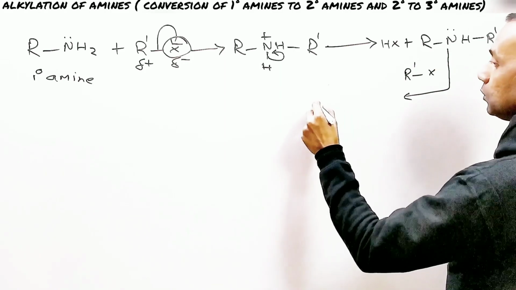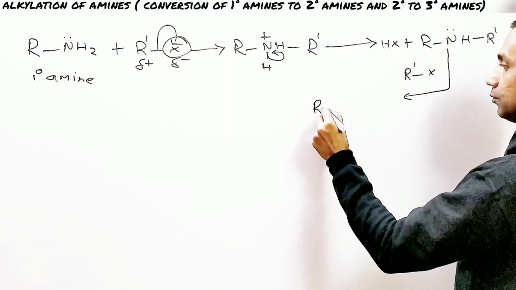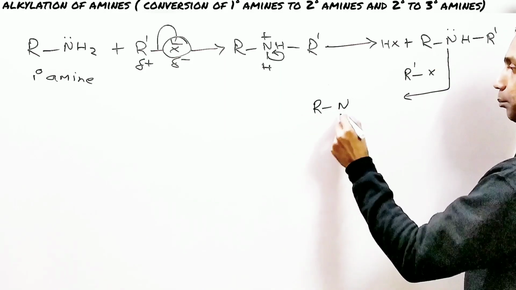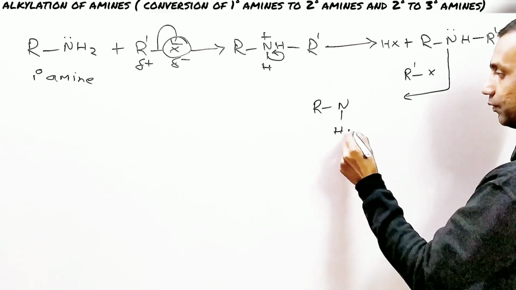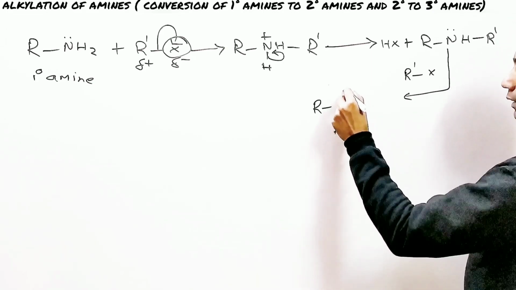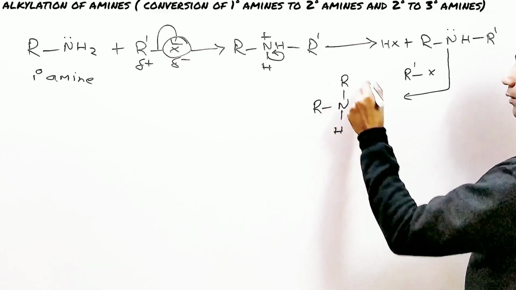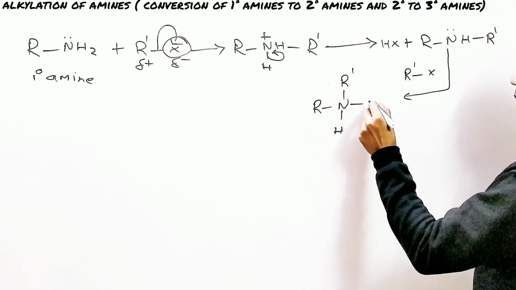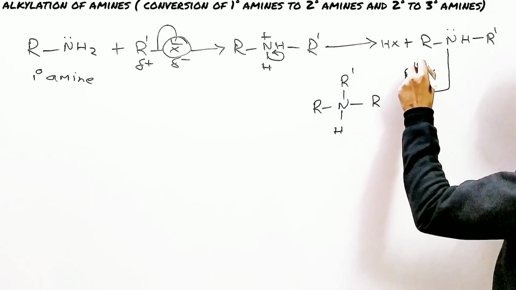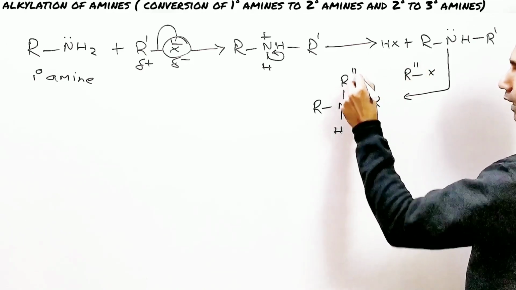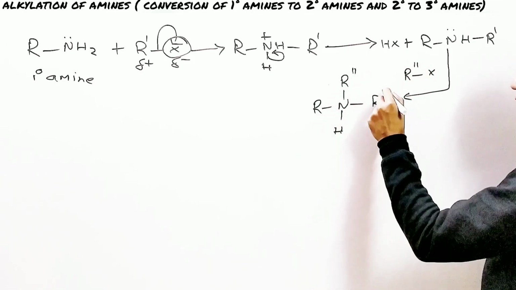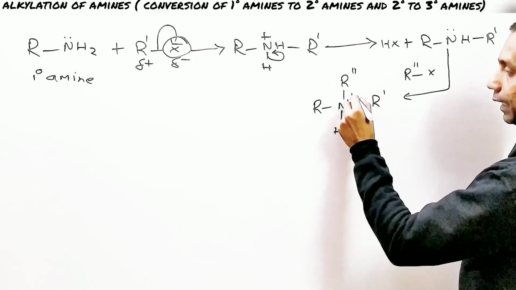Then you have your N. I'm placing the hydrogen right here separately, and nitrogen now has this alkyl group here, and then you have one more alkyl group. Suppose this is your next alkyl group, which is different from the other two. So this is what you get, but it has a positive charge.